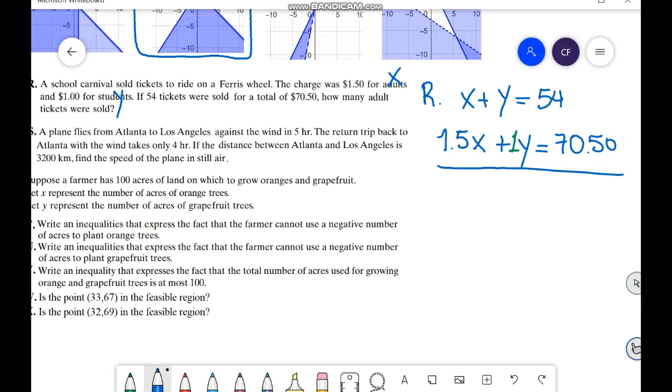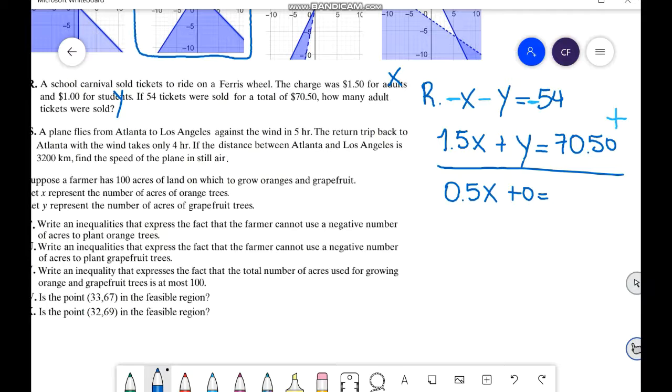I will multiply the first equation by -1, and then we have negative x minus y equals -54. Okay, and let's add both equations here. Let's add negative x plus 1.5x is 0.5x, negative y with positive y is 0, right?